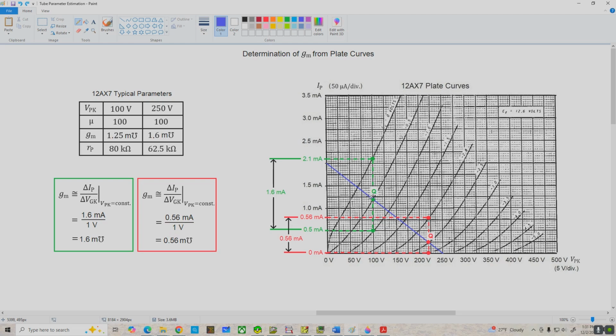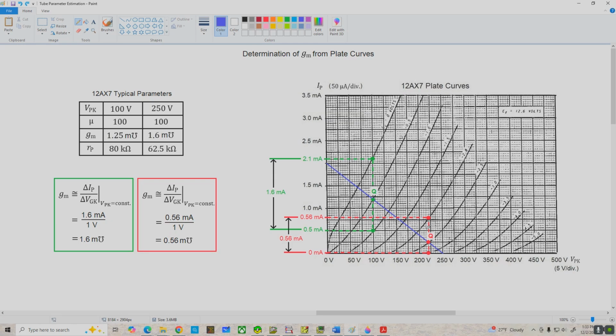So our GM for this Q point is 1.6 milliamps divided by 1 volt, or 1.6 millimhos. Moving over to the red Q point, if we use the grid to cathode voltage curves on either side of our Q point curve, we find that again we've got a delta VGK of 1 volt.